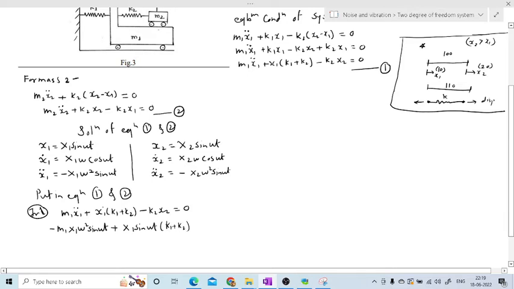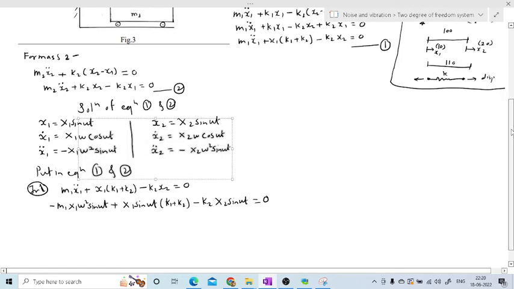So I have put here the value of x1, then minus k2, put the value of x2 sine omega t, is equal to 0. Now here this capital X1 is nothing but the amplitude and small x1 is the displacement and small x1 double dot is acceleration.